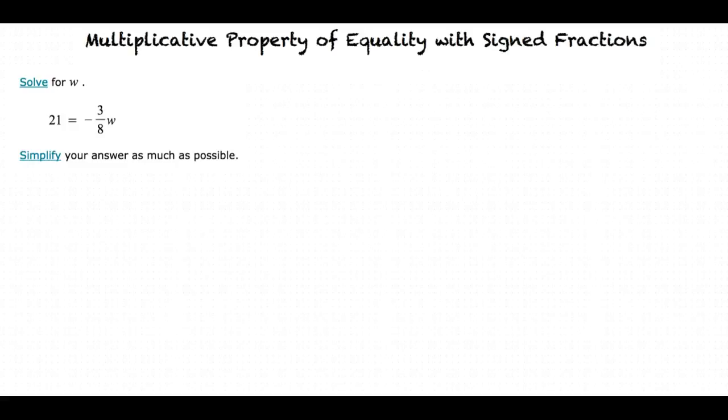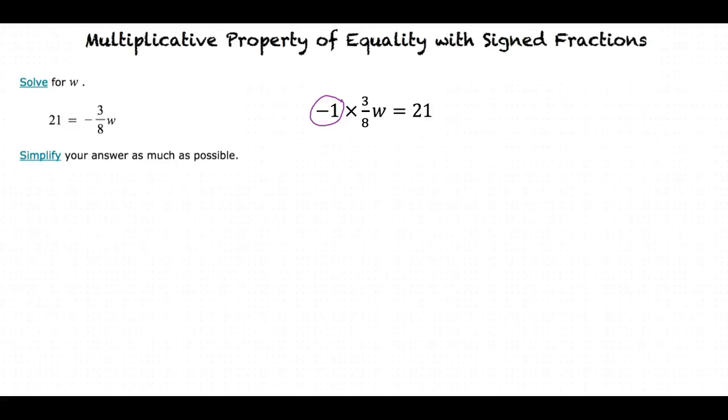We would take out the negative first, right? That's right. It can be helpful to visualize this by rewriting the expression as -1 times 3 over 8 times w is equal to 21. Okay, so I know that we now have to get rid of the negative and the fraction, but how do we do that? Let's start with the -1.